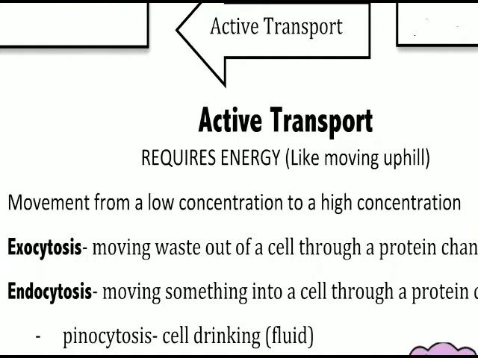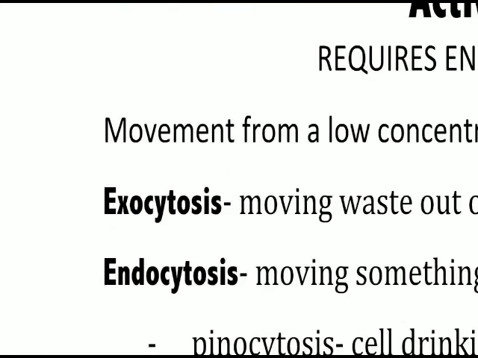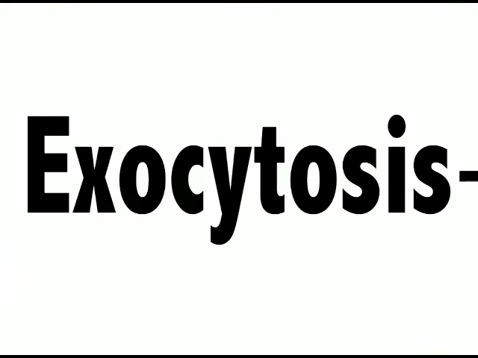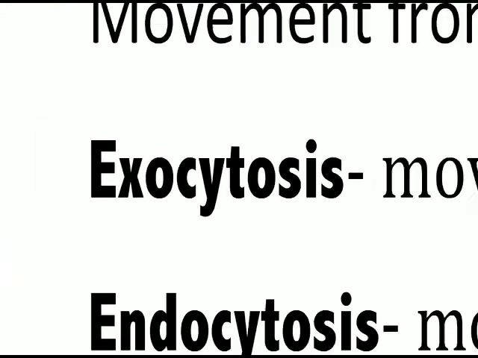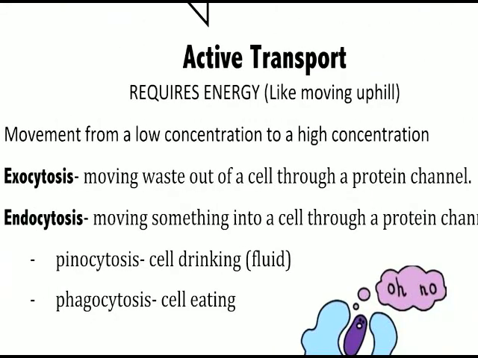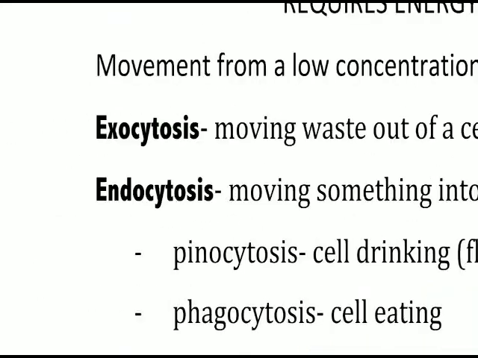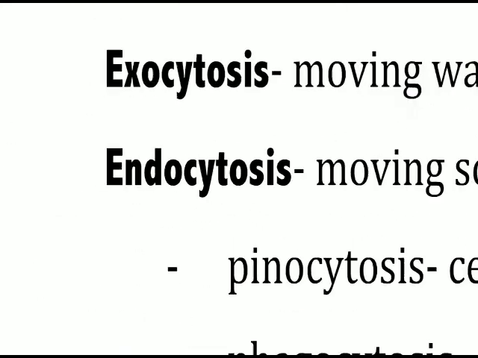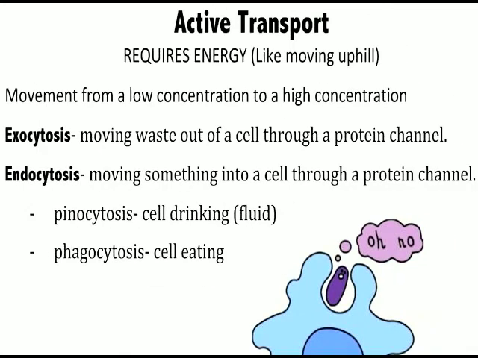There are two kinds of active transport. We have exocytosis, which is just what it sounds like. It is something exiting the cell. So the cell is going to move waste out of it through the membrane, and it's going to move out through a protein channel. And the other kind of active transport is endocytosis. Endocytosis is where the cell moves something into it, and it also has to move through a protein channel.